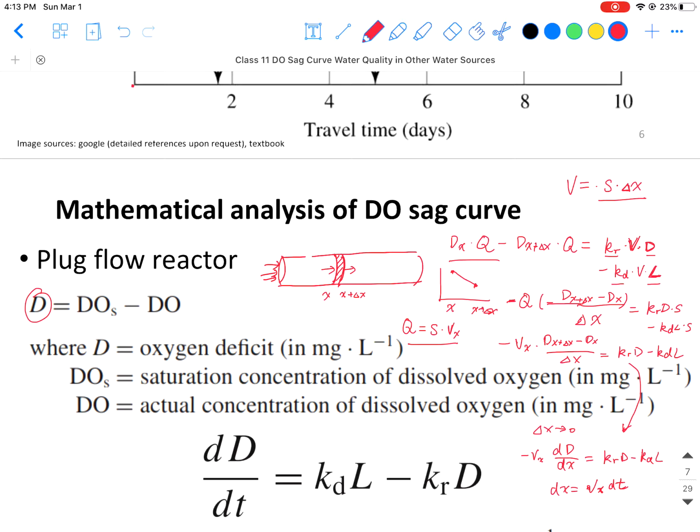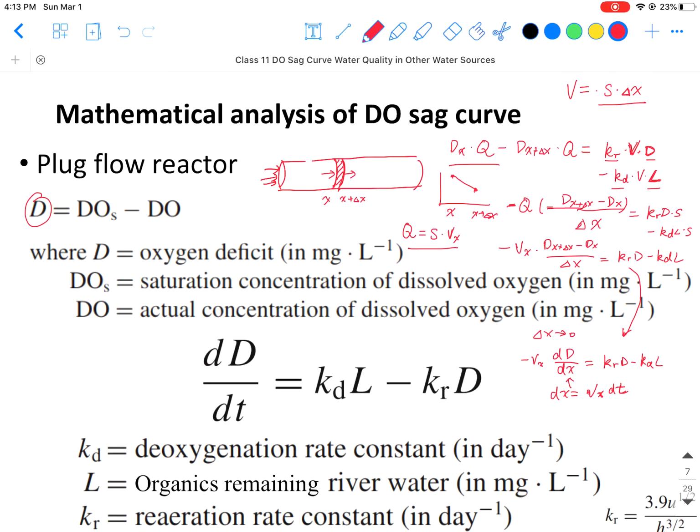Okay, so we can plug this relationship in. We're going to have dD/dt equal to, if we move the minus sign here, kd L minus kr D. Okay, is that clear enough?